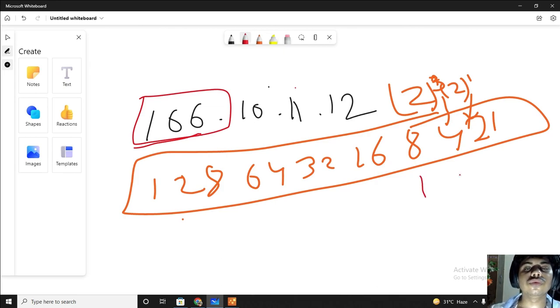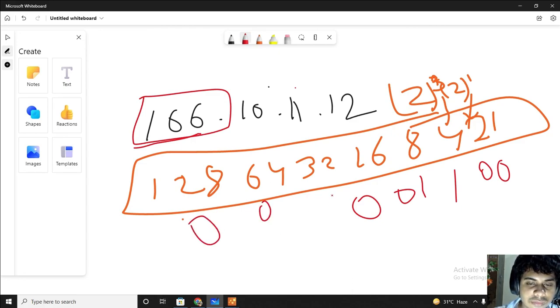Now you have to think how many you need to make it 12. You need 4, so make it 1. Now your 12 is completed. Make the others 0, and don't count the leading zeros. So like this you can convert any decimal number into binary.